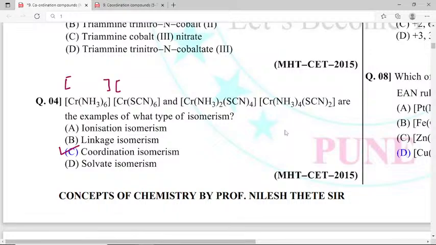There are two complexes, but they interchange, exchanging their ligands. This type of complex exchanges its ligands, so it is called coordination isomerism. Ligand exchange.